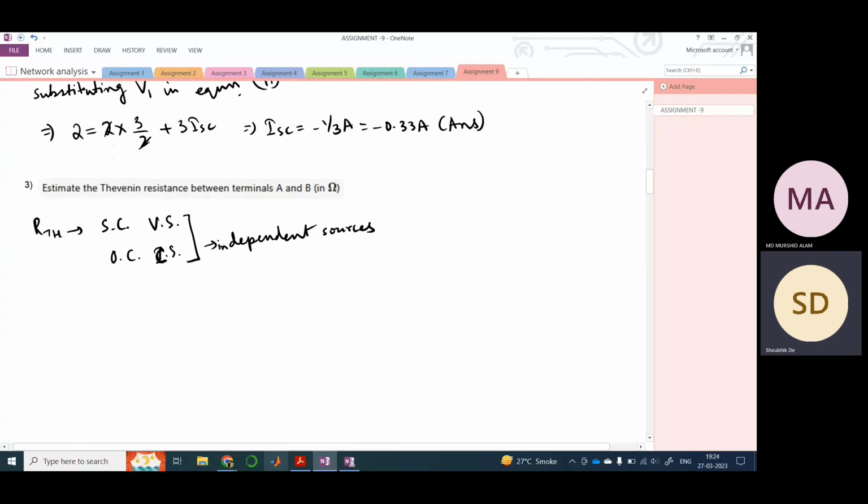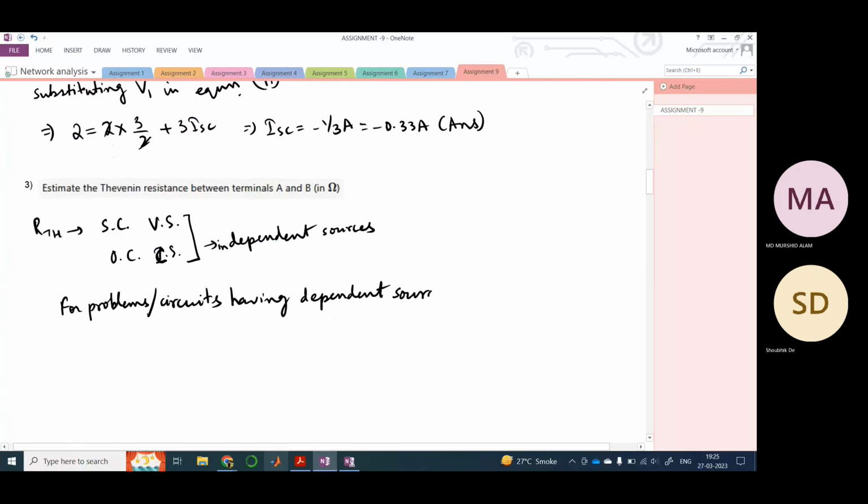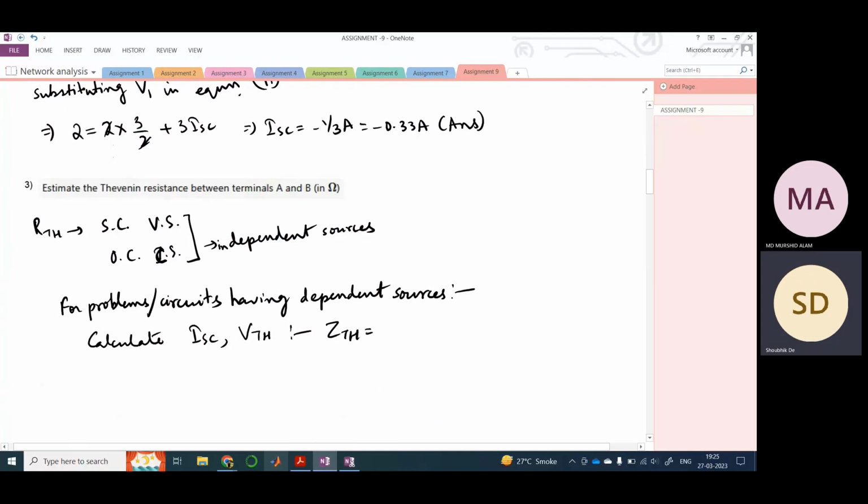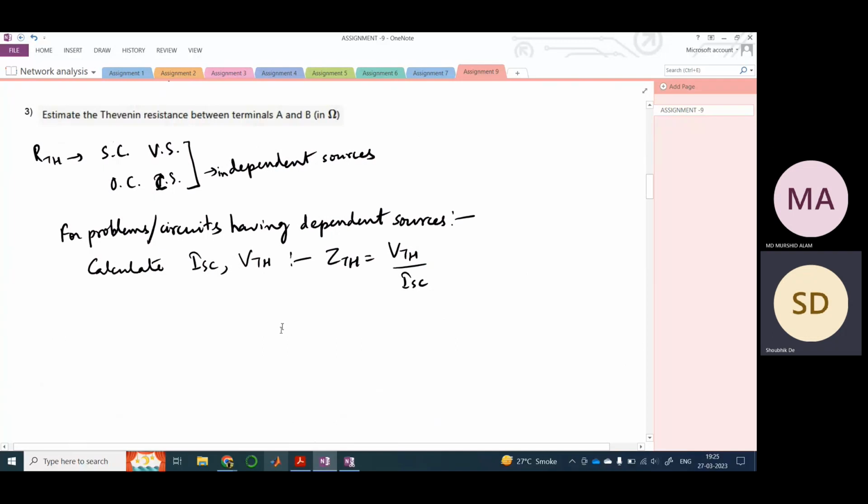So in this kind of case, for circuits having dependent sources, what you do is calculate ISC, that is Norton's current or short circuit current, you calculate the Thevenin voltage, and then your Thevenin resistance would be nothing but VTH by ISC in case of dependent sources. So this is what should be your methodology.